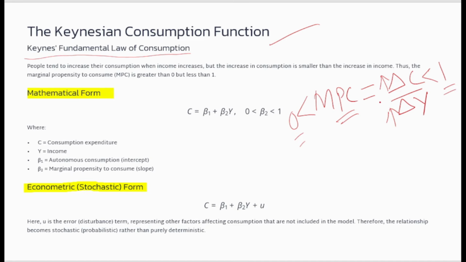But according to Keynes, if the income increases, consumption has to increase. So MPC will be greater than 0. But when income increases, consumption will increase less than proportionately. That means if income increases by 100 rupees, consumption can increase by less than 100.